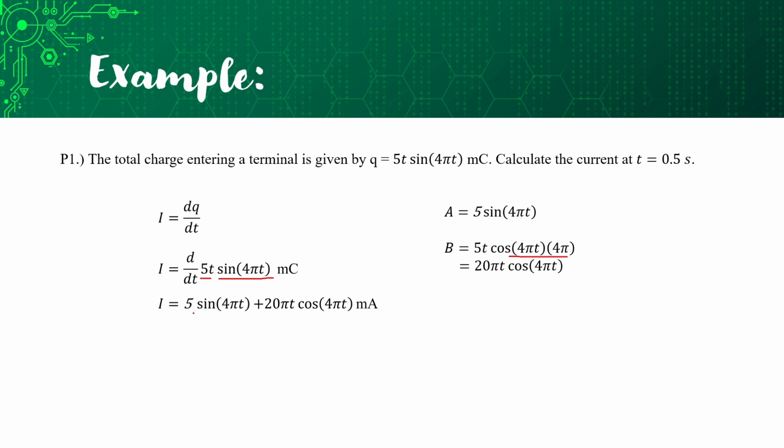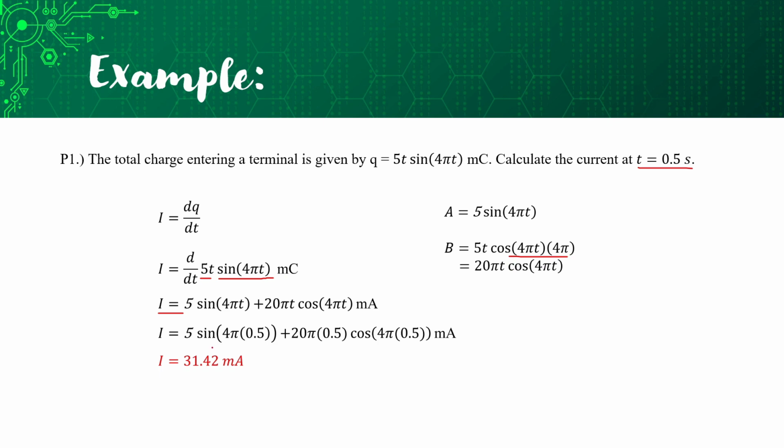After that, we need to substitute the value for the time. In this problem, we are given t is equal to 0.5 seconds. So substituting the value of 0.5 in this equation and simplifying, we get 31.42 milliamps.